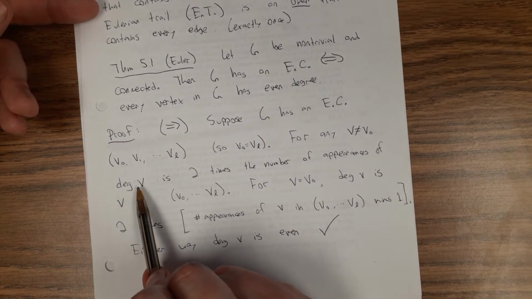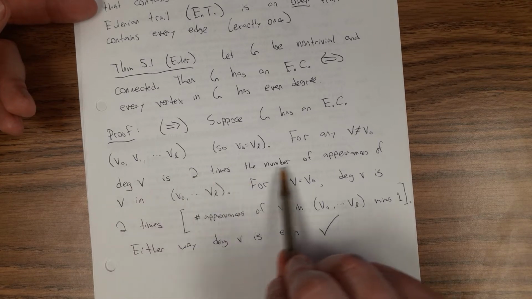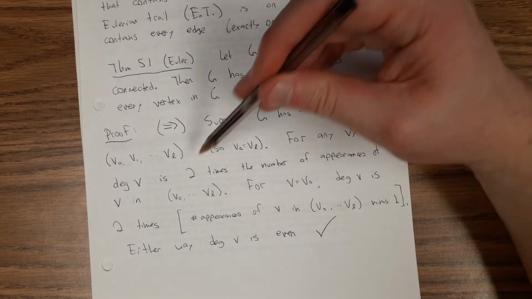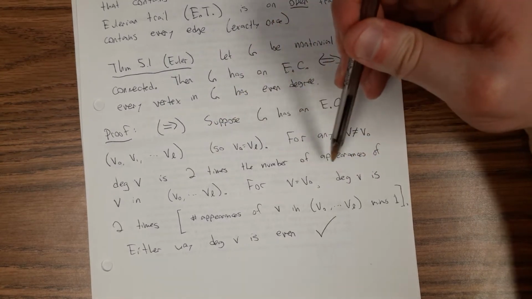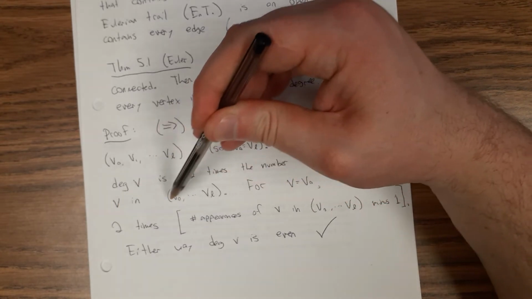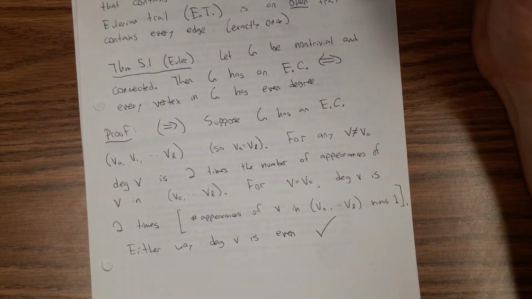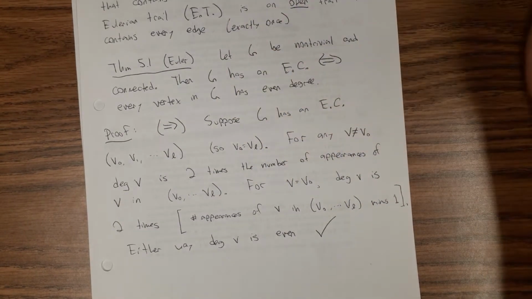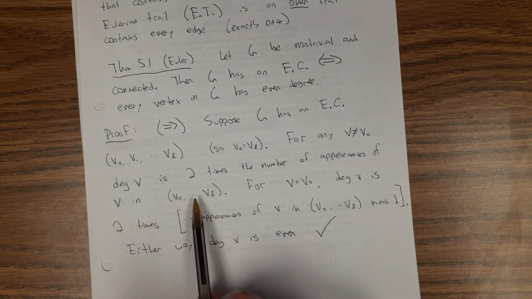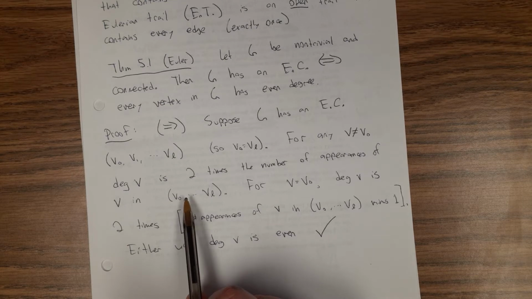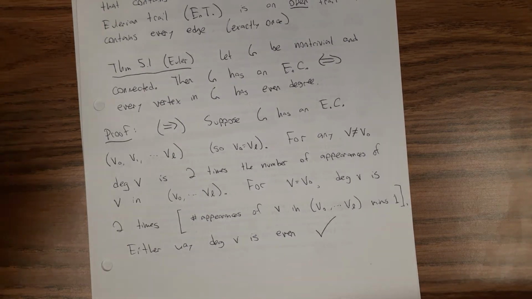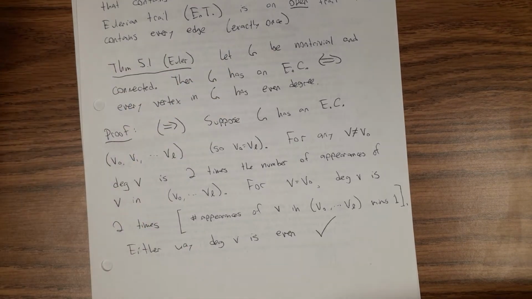The degree is just 2 times the number of visits to that vertex, meaning it's 2 times the number of appearances that vertex makes in the sequence. And why is it 2 times? Once again, it's because every time the vertex appears in the sequence, there's an edge that comes before it and an edge that comes after it, meaning the edge that I use to come in and the edge that I use to come out.